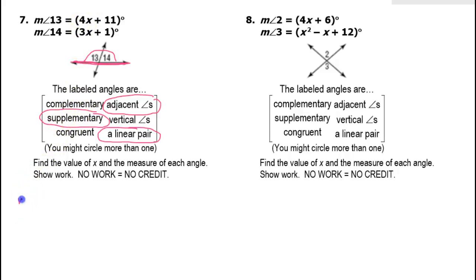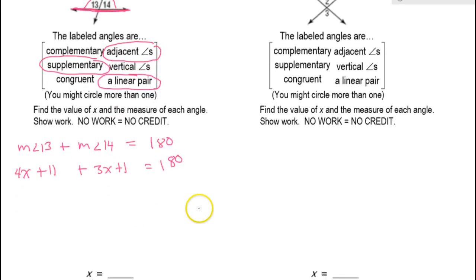The measure of angle 13 plus the measure of angle 14 has to equal 180. They're supplementary, they make a straight line together. If the measure of angle 13 is 4x plus 11, and the measure of angle 14 is 3x plus 1, those two expressions need to add up to 180.